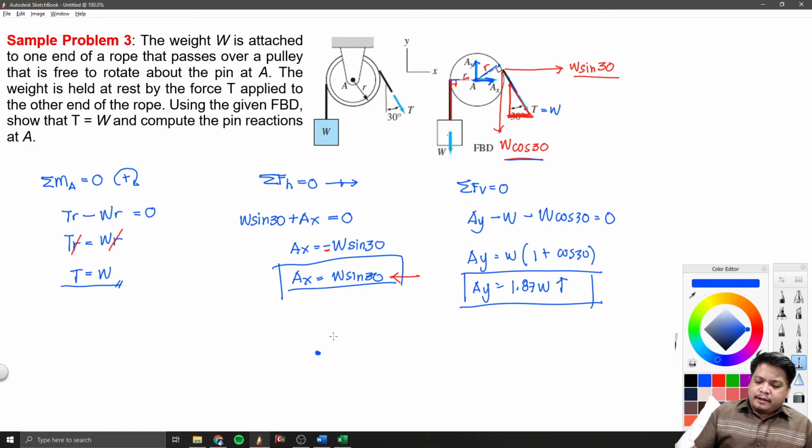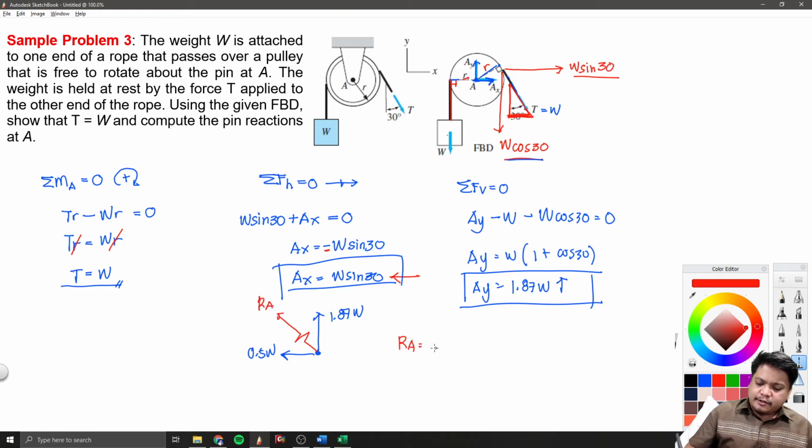Okay? But of course, if we get the total RA, I have here a vertical of 1.87 of W, and then I have here W sine of 30. What is W sine of 30? Okay, so 0.5 of W. You can take the resultant of those, and that is your RA.